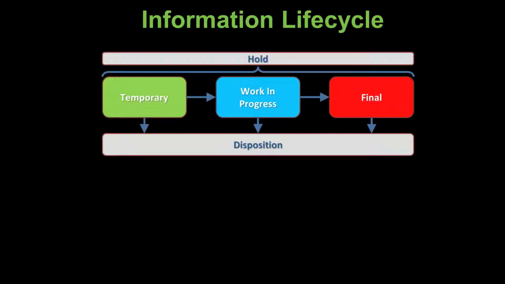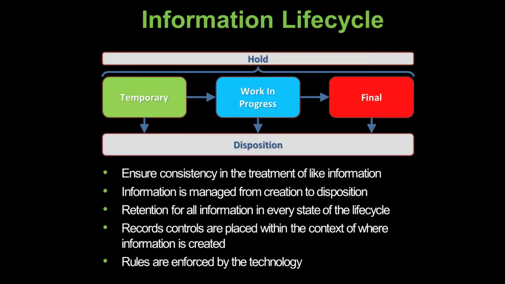The last element of our records management strategy is really looking at treating records within a life cycle. All information in the system will go through some form of a life cycle. Treating information within a life cycle will ensure consistency in how we treat like information.